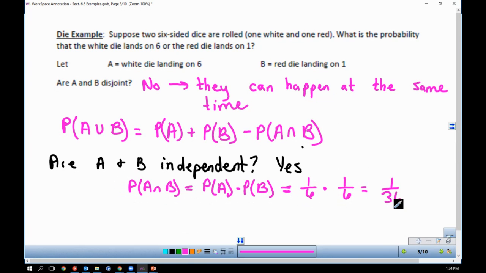And that's to find out if it's independent. Well, we know they're independent because we have two separate dice here. We have a white die and a red die. So we know they're independent. And independent basically means they can both change on their own, they don't need each other. Okay.